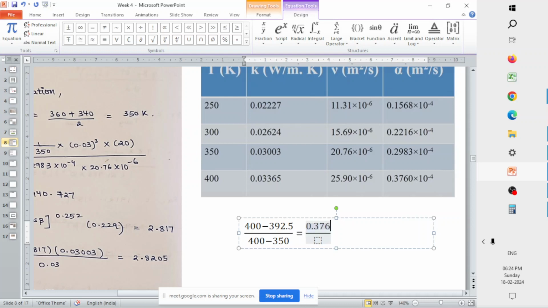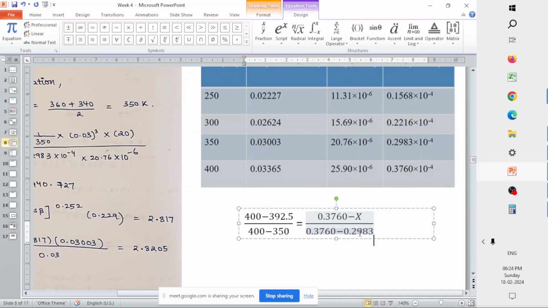So 0.3760 minus x, since you do not know the thermal diffusivity at the temperature 392.5 Kelvin, so let's assume that as x, and similarly 400 minus 350. So at 400, 0.3760 minus, at 350 your thermal diffusivity is 0.2983. So this is the equation.